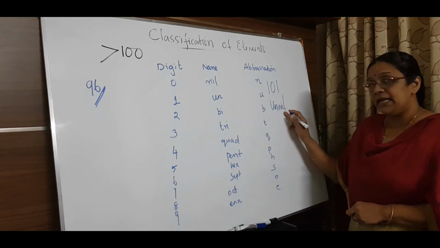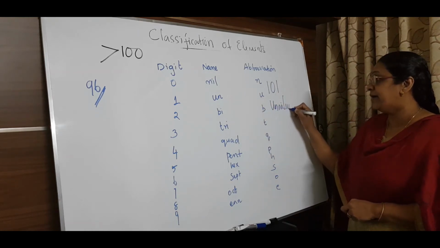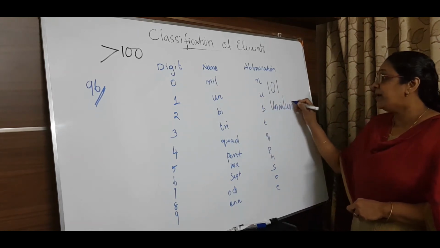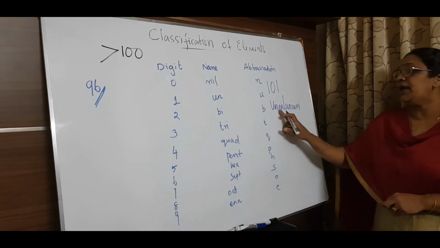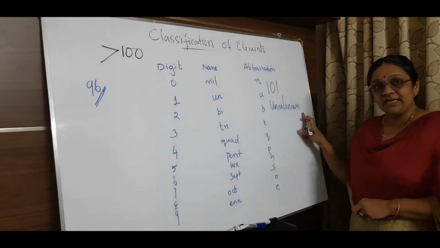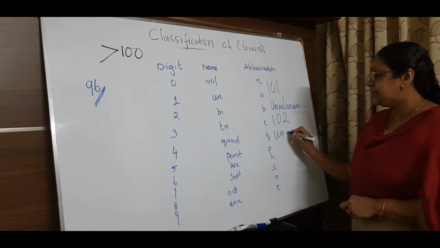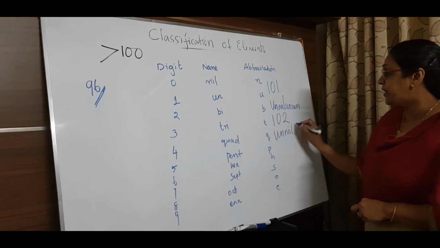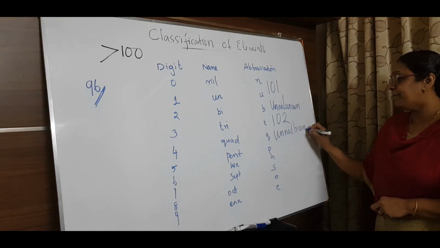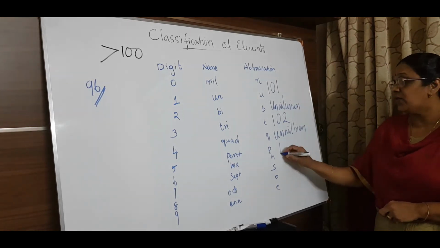So un, nil, unium. This is how you will write the name. Now for 102: un, then 0 is nil, then 2 is bi, then ium. Un, nil, bium.